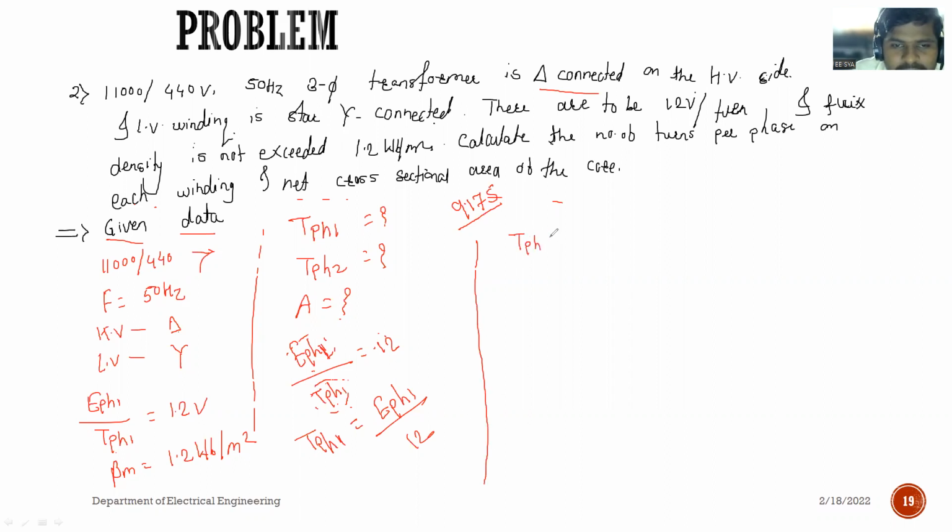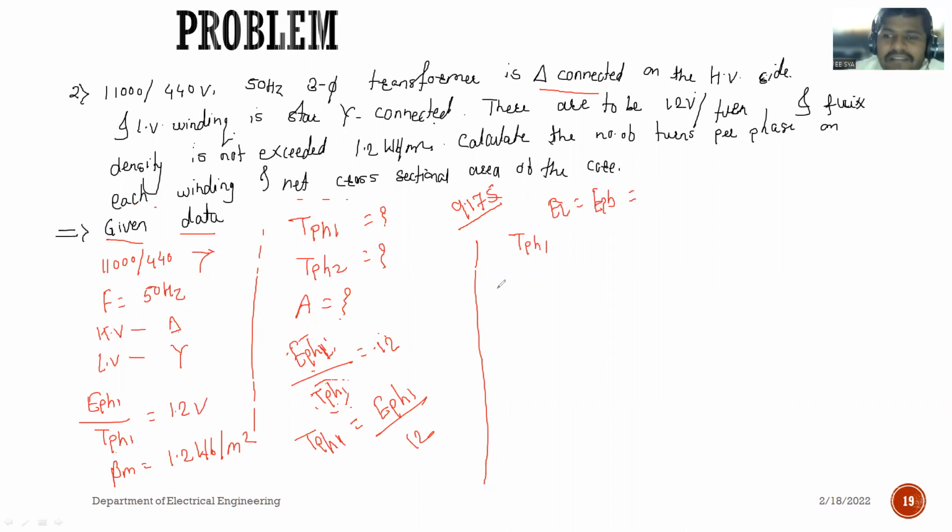Yes sir. 11,000. VL value is given. We have to calculate the phase voltage. HV winding is connected in delta. What is the value of phase voltage then? Both are equal. That means line voltage EL is equal to phase voltage EPH1 in case of delta.